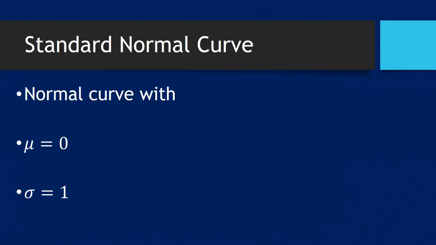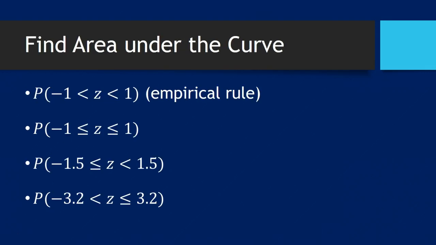And why it's so useful is that any other normal curve can be transformed into the standard normal curve if we're willing to use z-values. Okay, so if you had a different mean and a different standard deviation, you could use z-values and it would fit the standard normal curve. So standard normal curve has average of 0, standard deviation of 1.